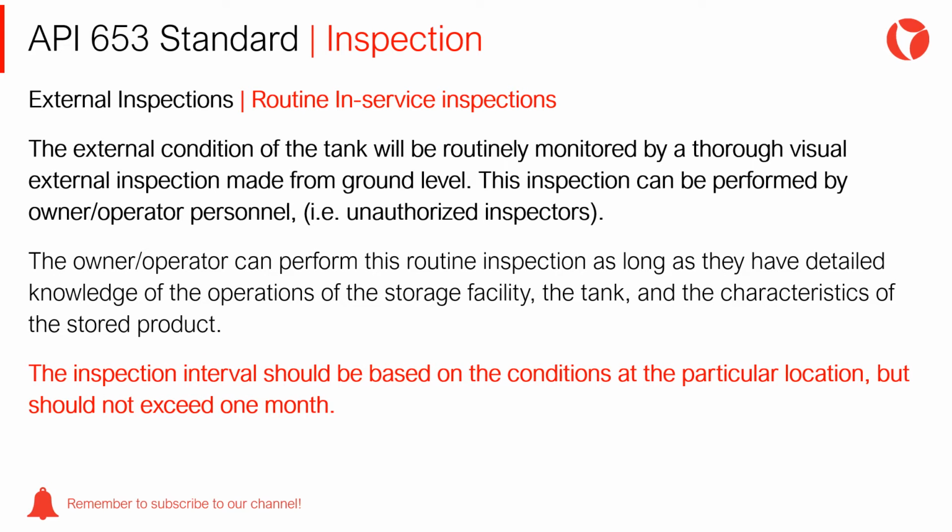The owner-operator can perform this routine inspection as long as they have detailed knowledge of the operation of the storage facility, the tank, and the characteristics of the stored product. The inspection interval should be based on the conditions at the particular location, but should not exceed 1 month.